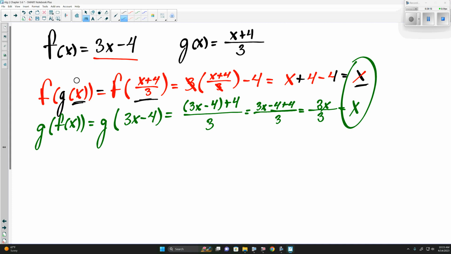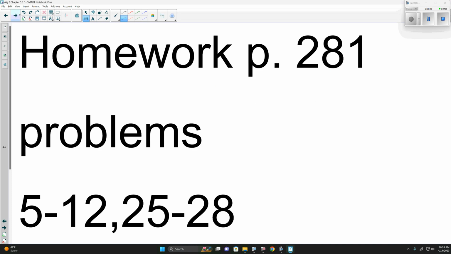So whatever value we plug into these functions is what's going to come out in the end. But if it doesn't equal x, it's not going to work out that way. That's why for all the ones we had previously, the number that we plugged in was different than the number we got out.